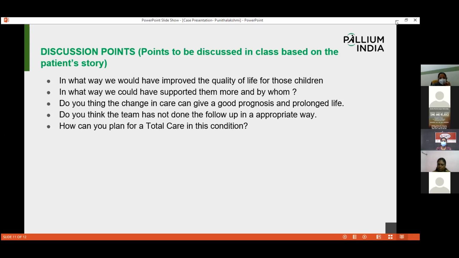So the pros and cons of such things always need to be addressed. From our part, as medicos, we can do that at least, so we can save future children. So that one point we can tell.